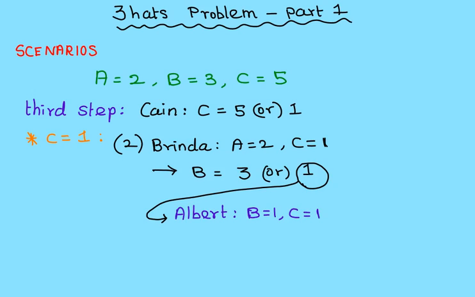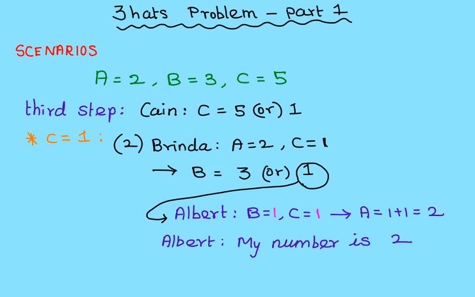1 and c equal to 1. As the numbers were the same, Albert would have claimed his number to be 1 plus 1, that is 2. But as that had not happened, Brinda would have deduced that her number could not be 1.